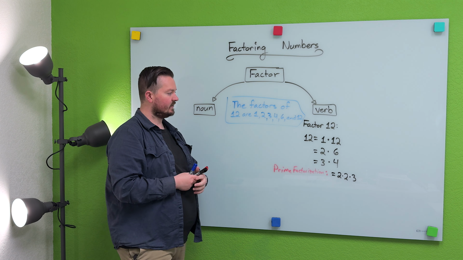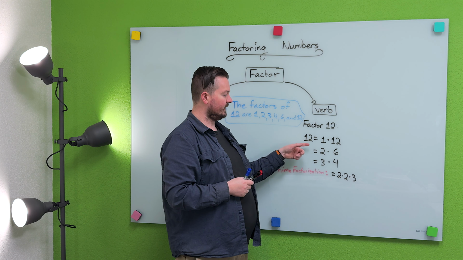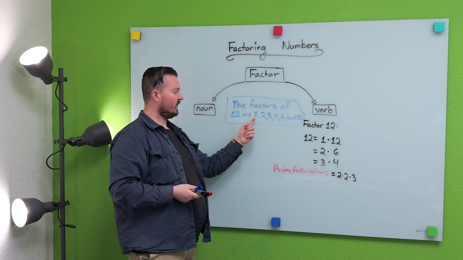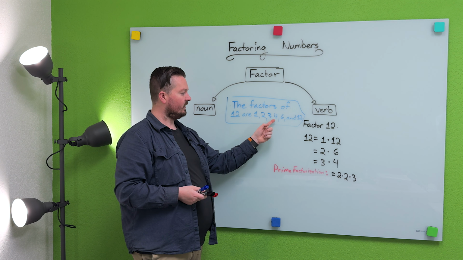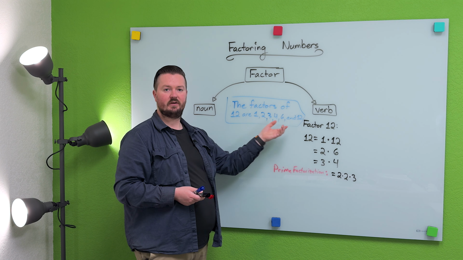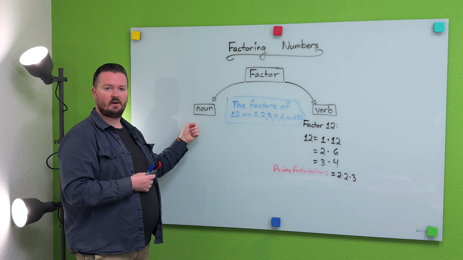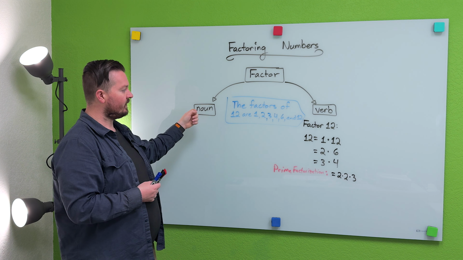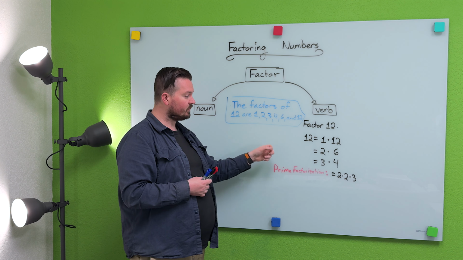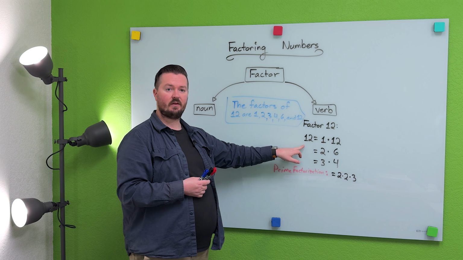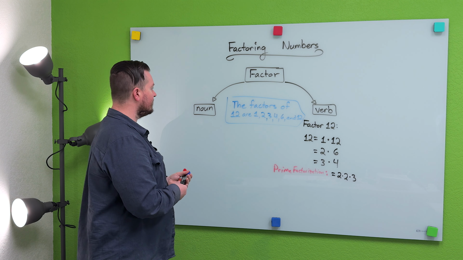And what we mean by that is the numbers that we multiply to get 12, we can multiply 1, 2, 3, 4, 6, and 12 to get 12. So when you say factor as a noun, you mean you're thinking about numbers that you multiply to get some other number.